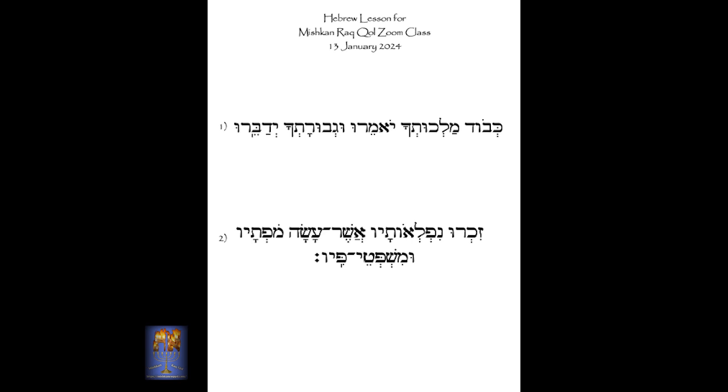All right. What about the next word here? We have a mem pointed cholem, mo. Then we have the letter fe. And it's pointed how? As vocal. Cholem is always long, right? So mo, fe.